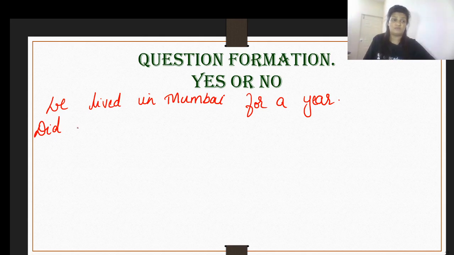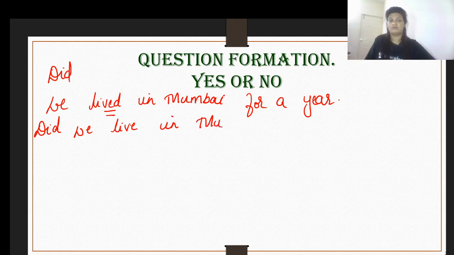Now here the subject is we. So we insert the auxiliary did here, and we bring the subject we, and we convert the word lived into live. Did we live in Mumbai for a year? Question mark.